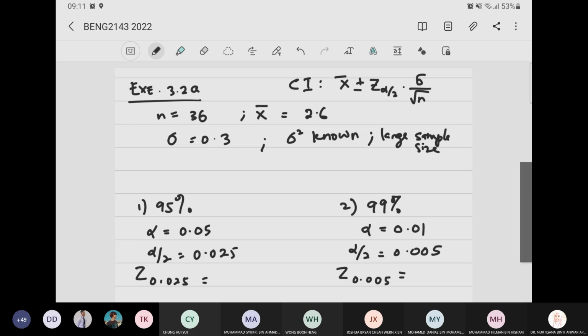Can anyone share what is the value of Z alpha 0.005? We done this before. What is the critical value for 0.025? You can check your answer in the chatbox. What is Z for 0.025 and what is Z for 0.005?